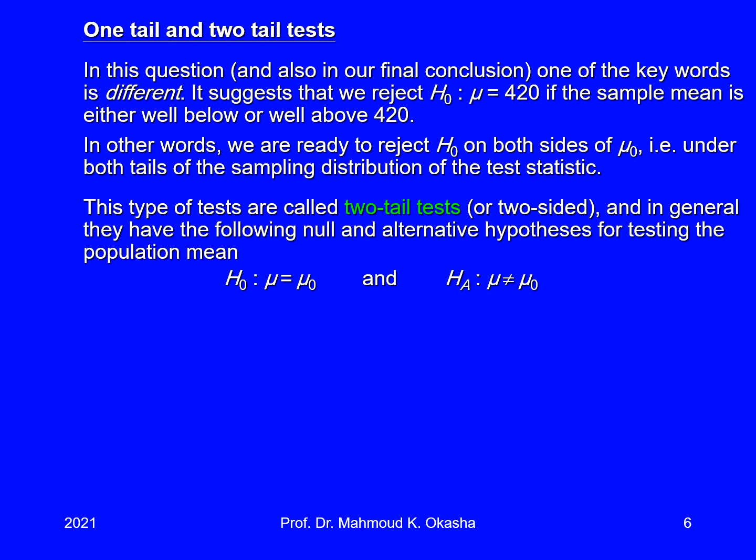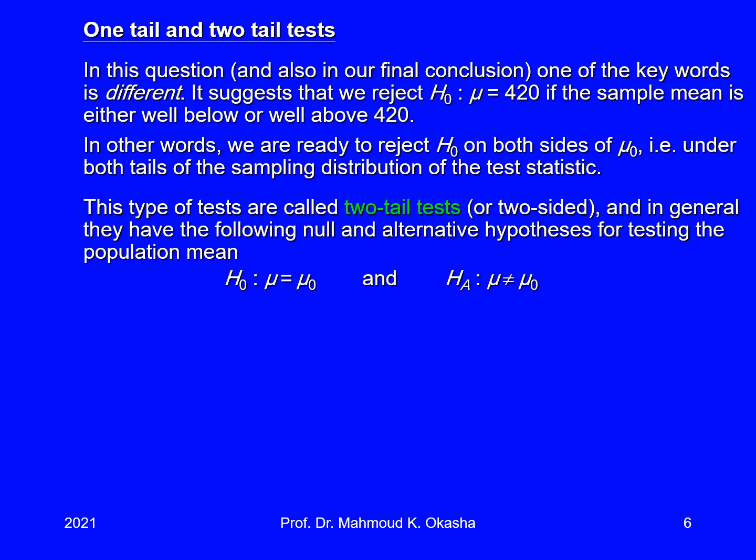In both cases we reject the null hypothesis. Then we have a rejection region on both sides, right and left. So we call this a two-tail test, because we reject the null hypothesis in both cases.